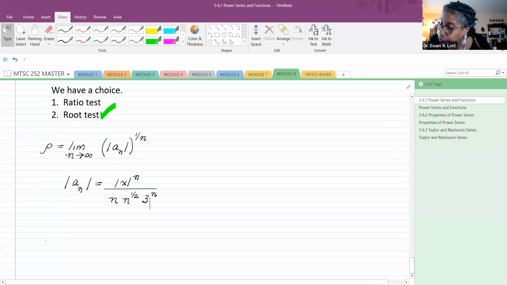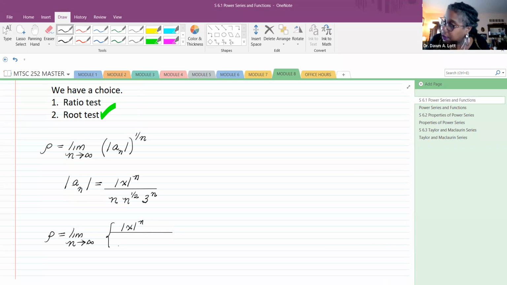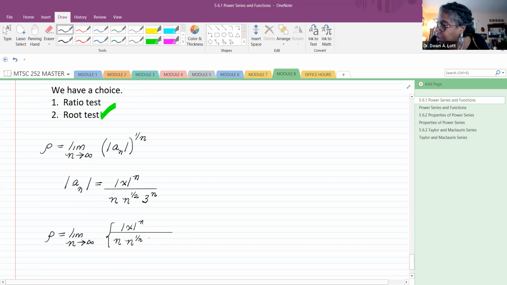So rho is the limit as n approaches infinity of the absolute value of x to the n over n times n to the 1/2 times 3 to the n, all raised to the 1 over n power.